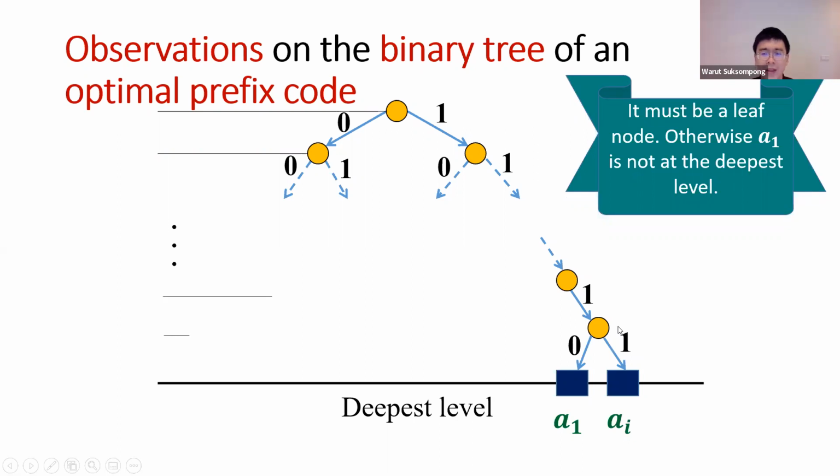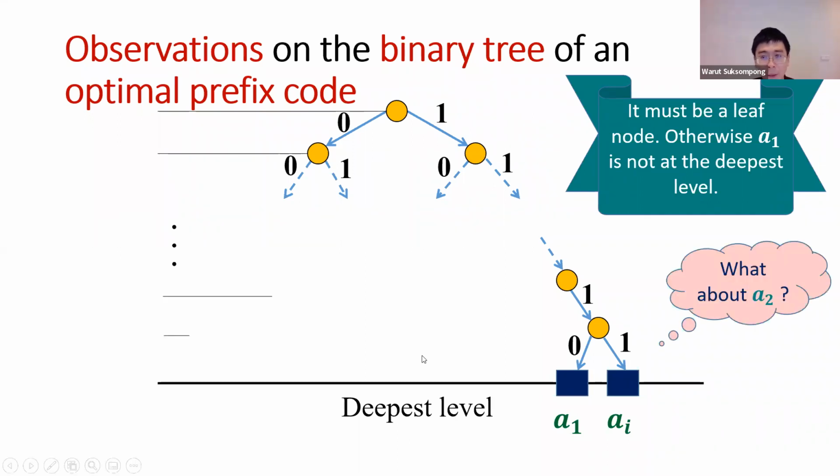This AI again must be a leaf node, because we are saying that A1 is at the deepest level. If AI were to have children, that would be a contradiction, since A1 would not be at the deepest level. So AI is also a leaf node, so it has to correspond to some letter.